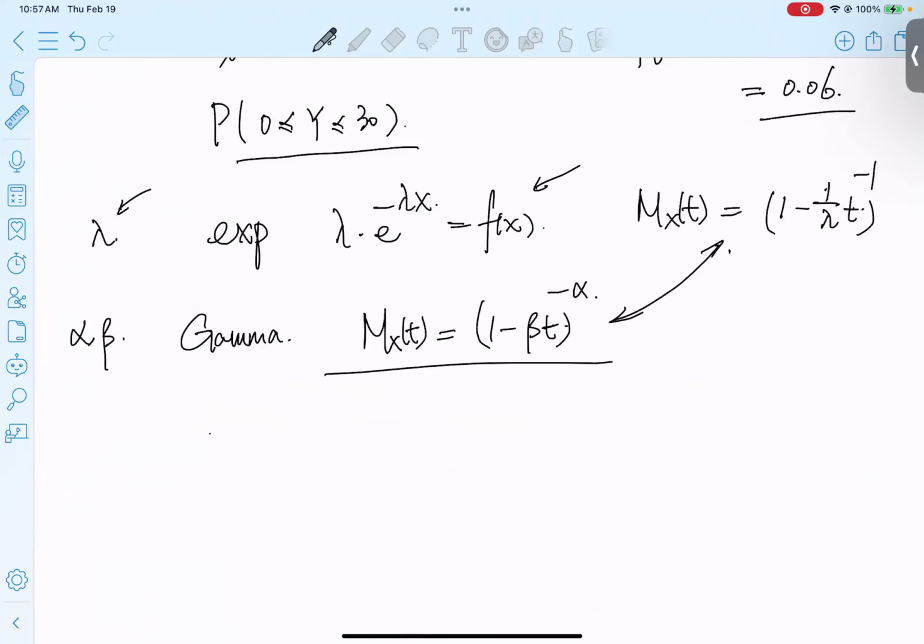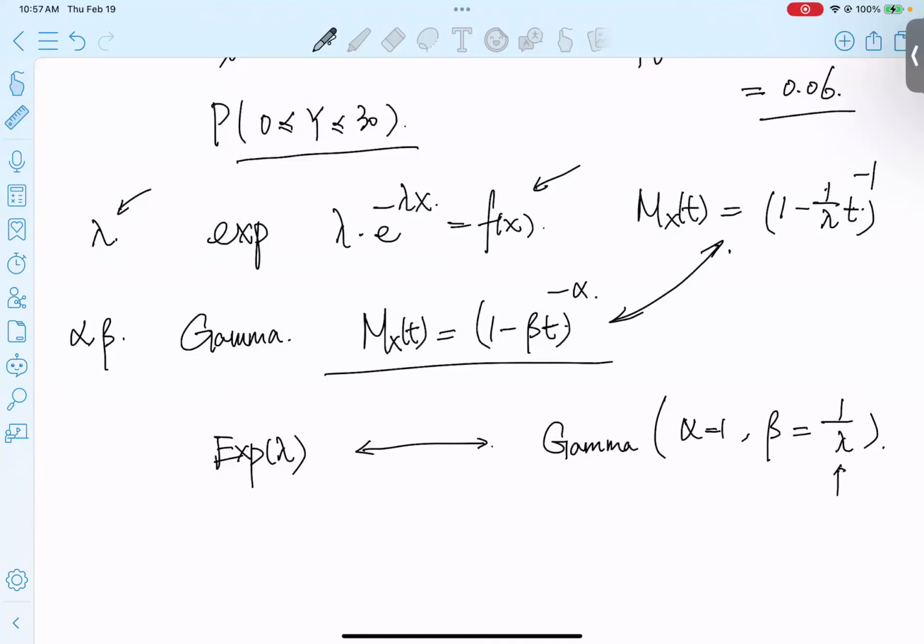You will see that the exponential distribution with parameter lambda is essentially the same as the gamma distribution where alpha is equal to 1 and beta equal to 1 over lambda, the rate that is given in the prompt or in the question.